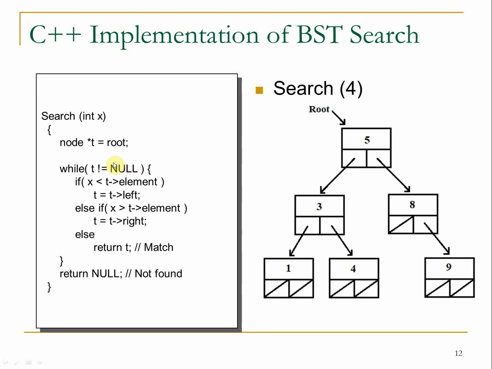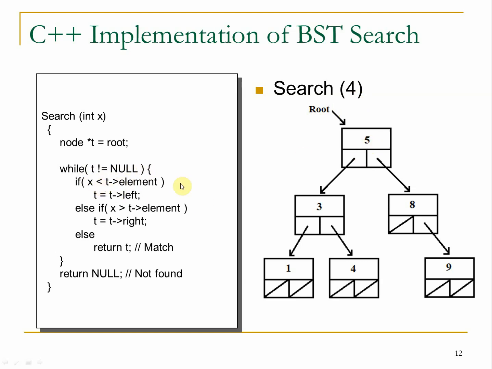So you can see that in the beginning, we want to find the value of 4. We say t equals root. Since t is root, it's not null, then we try to compare the value. We look into the value x, which is 4, compared with t to the element, which is 5 over here.